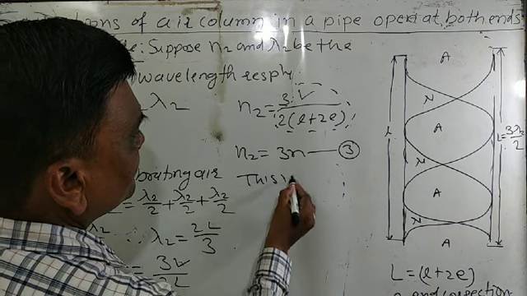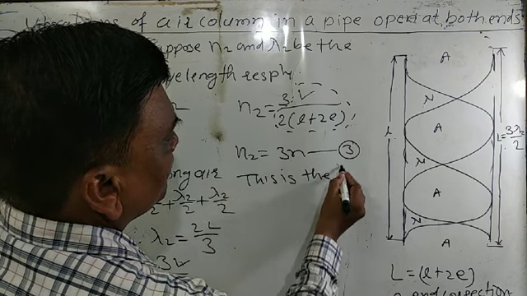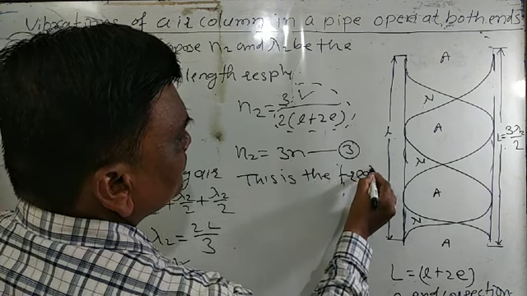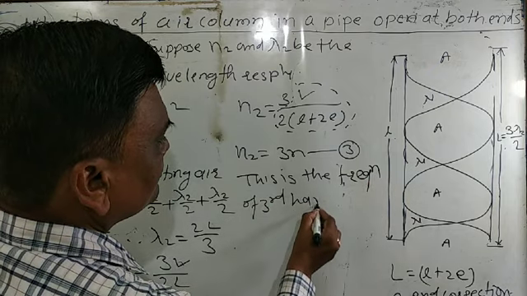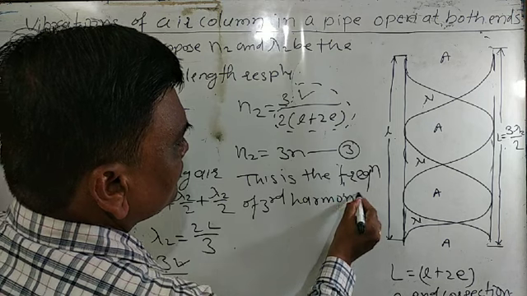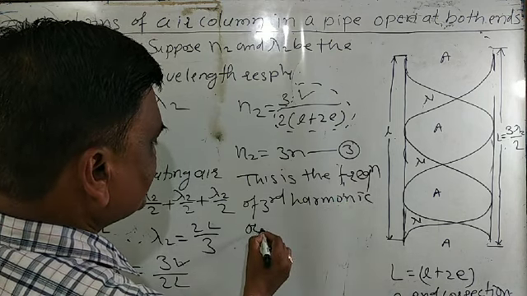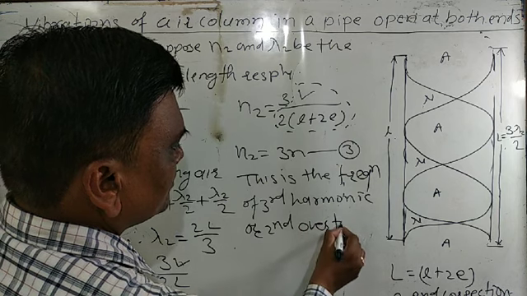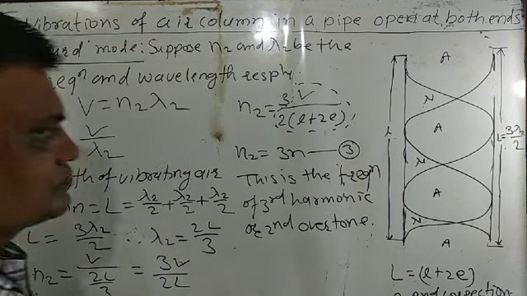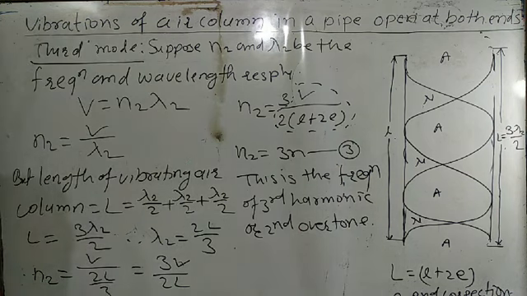This is the frequency of the third harmonic or second overtone. So in this way we have seen equation number 1, equation number 2 and equation number 3.